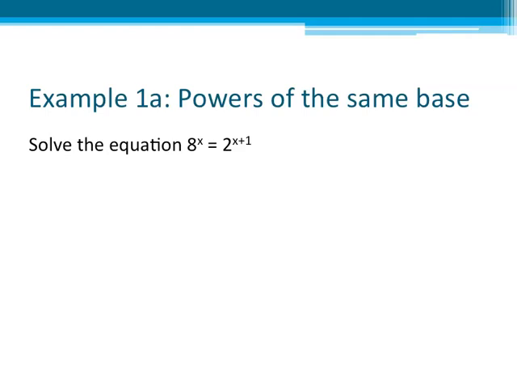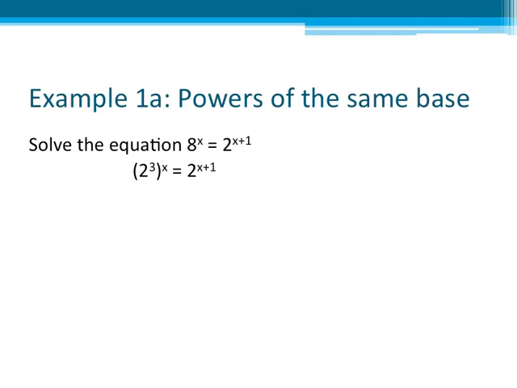We want to look at the 8 and the 2 and see if there's any way for us to rewrite those with the same base. Now 8 is a power of 2, so we can write that as 2 to the third. So this is going to be 2 to the third raised to the x equals 2 to the x plus 1.